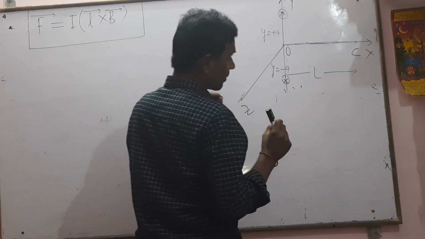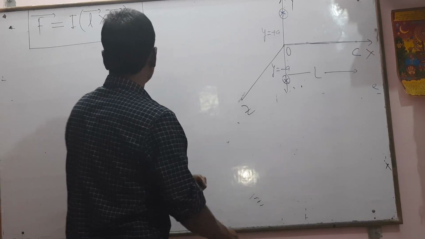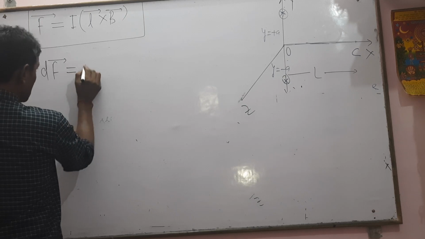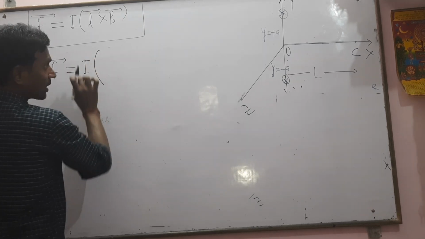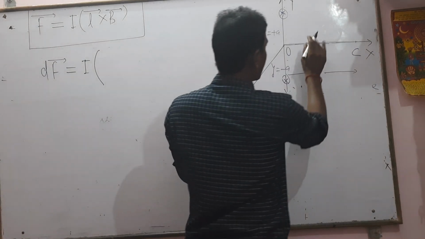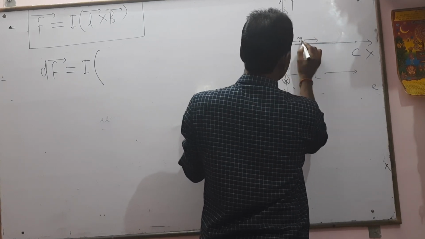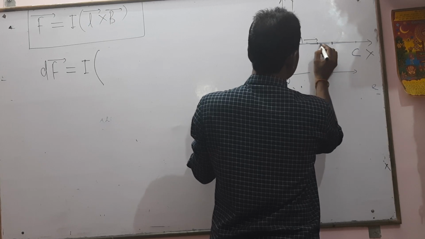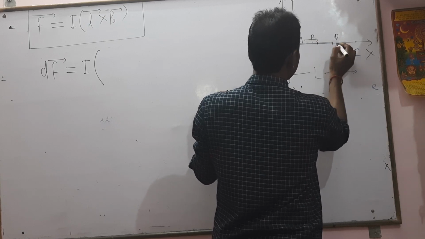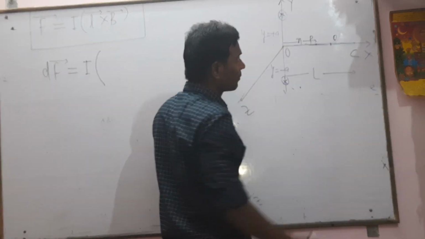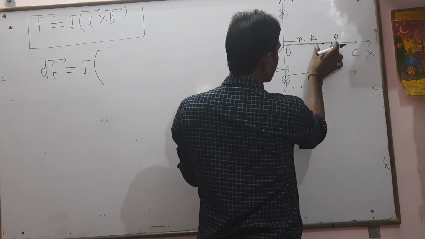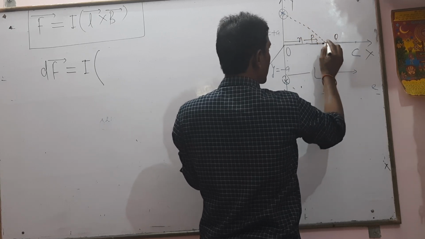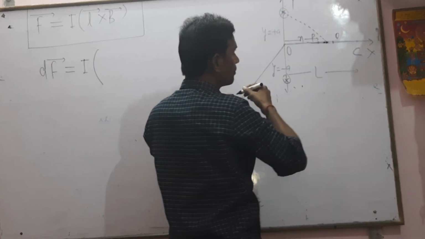For this type of problem, what do you do? Take dF vector equals I dx cross B for the OC wire at x equals x. Let us suppose this is a small PQ wire. At this point, consider the magnetic field due to the B wire.